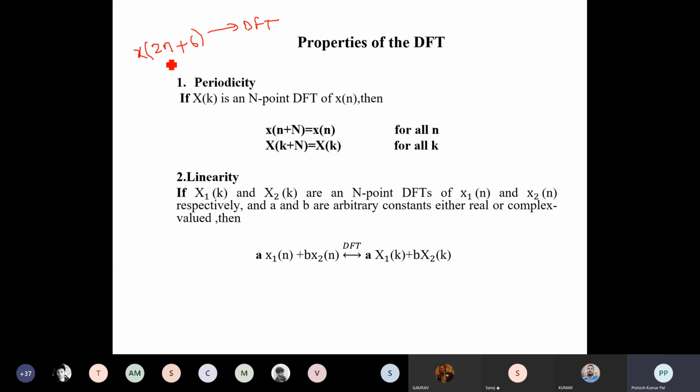Suppose x of n is given, and you need to find the DFT of this sequence. You can find the DFT of this signal by applying the properties of the DFT. That's why we should know the different properties of DFT calculation.